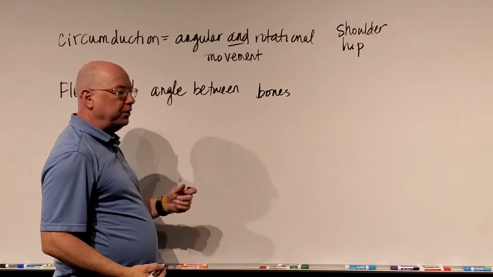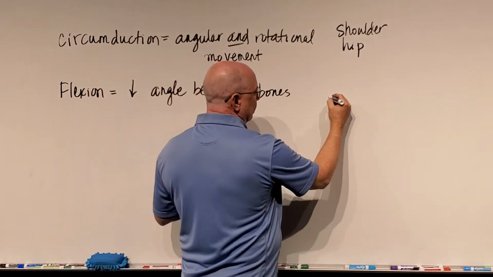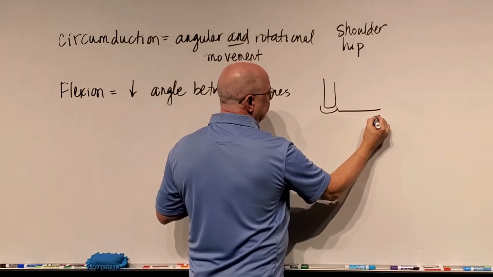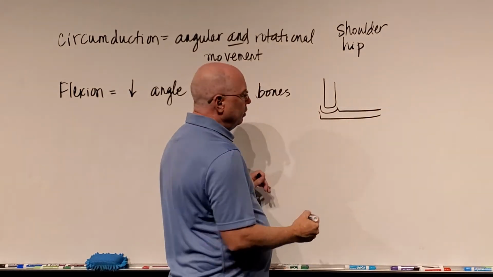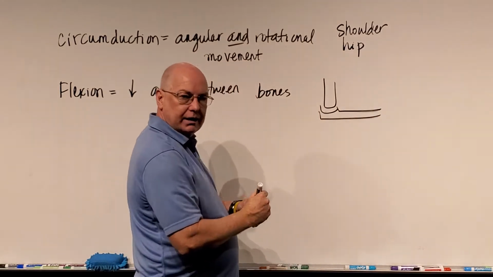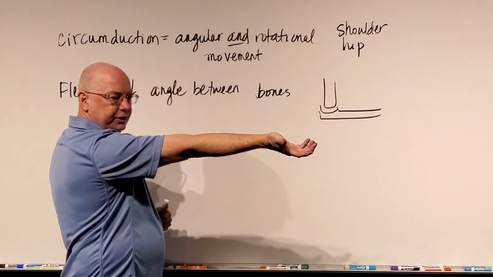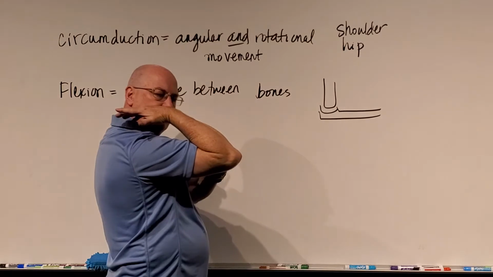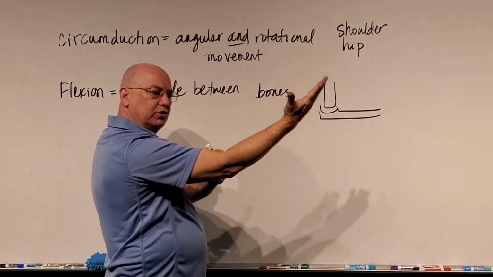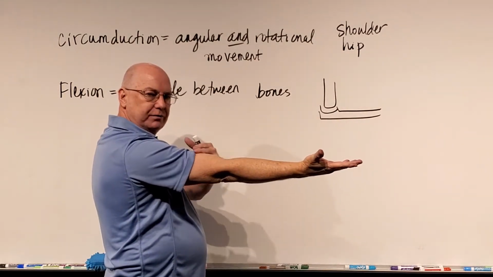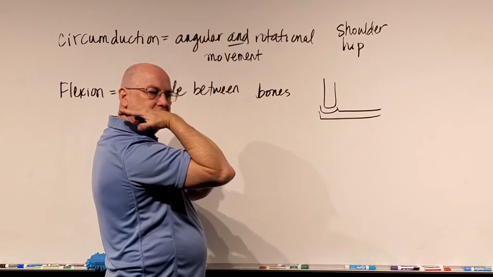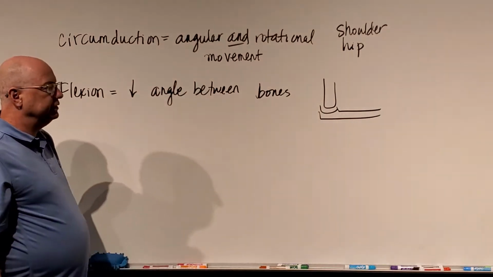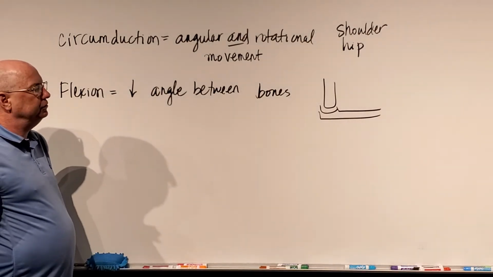So if I were to look at the elbow, my elbow can sit at a 90-degree angle, or if I straighten it out, I can have my elbow at almost a full 180 degrees. I can go to 90 or less than 90, somewhere around 30 degrees or so. So if I'm decreasing the angle from 180 to less, that is called flexion, okay? So it's simply the decreasing of the angle between bones.